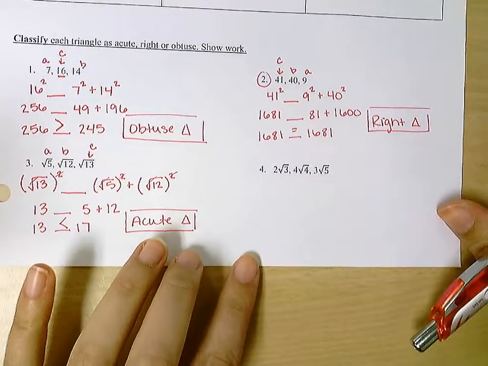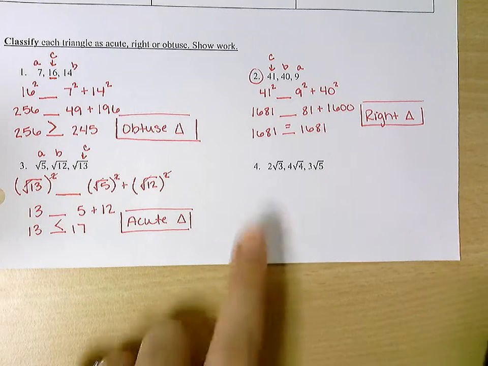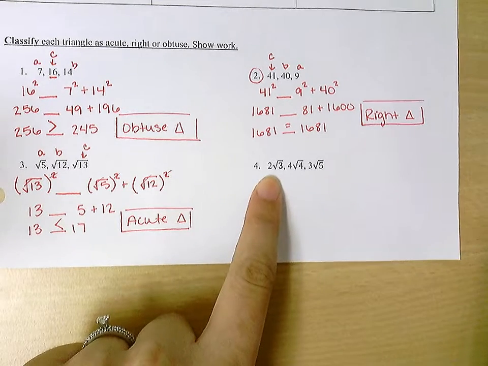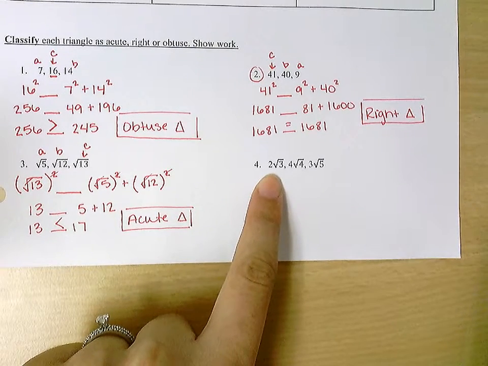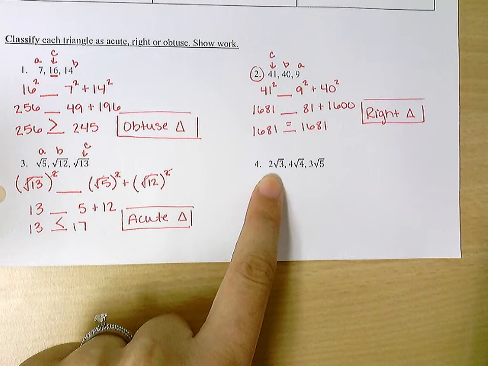All right, we're going to do number 4. So just like we plugged in our square roots into our calculator to see which one is greater, you're going to do the same thing with these ones. In your calculator, plug in 2 times the square root of 3. You get about 3.5? Yep.